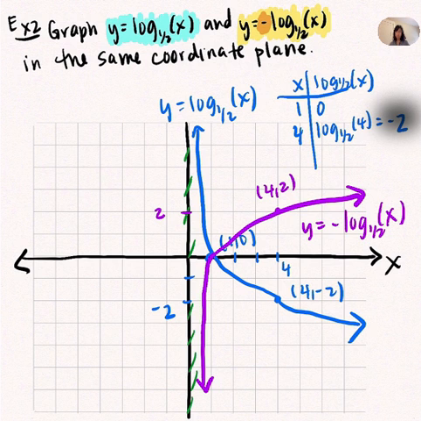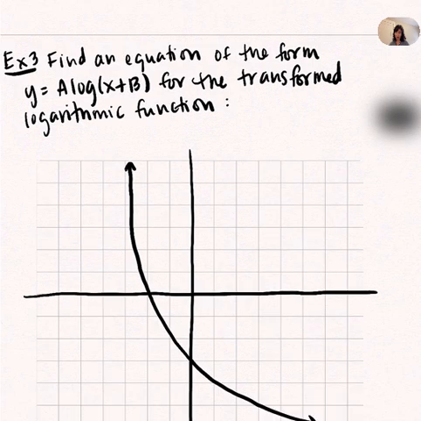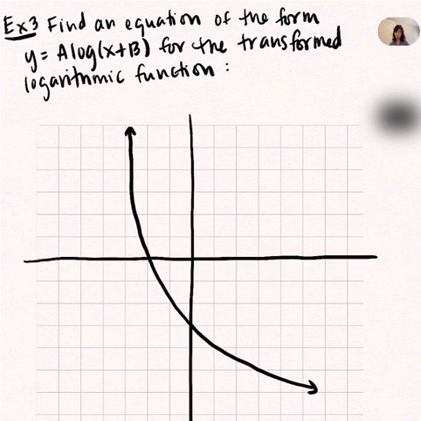Okay, let's look at a third example. Find an equation of the form y equals a log of x plus b for the transformed logarithmic function. So we're going to find an equation for this function. Now, we only have 2 transformations here. We have an a and a b, so we only have to focus on those 2.